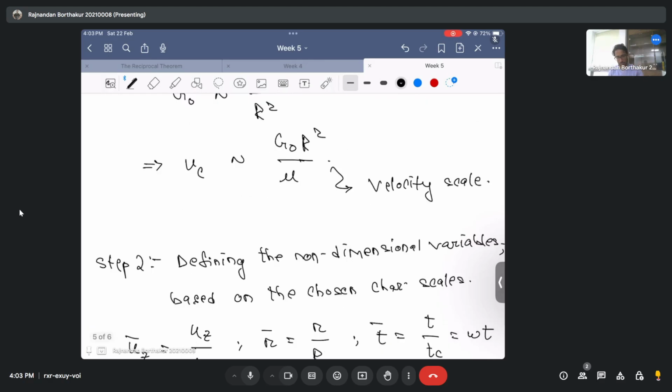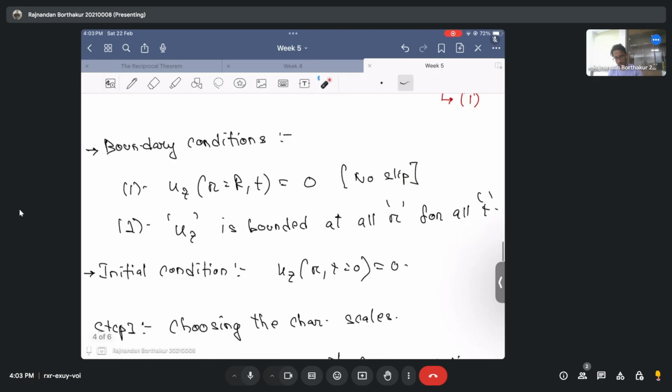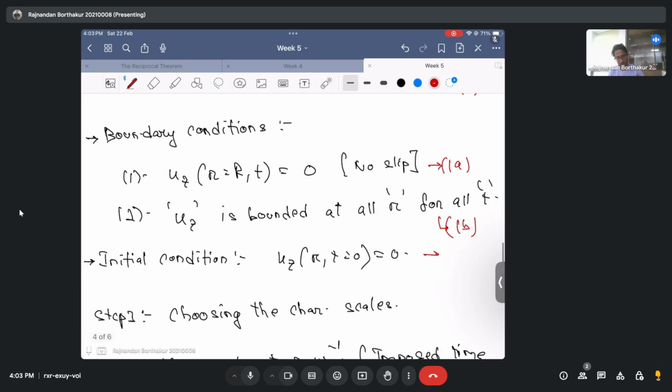Okay, so we have the governing equation here, that is equation 1, and we have these boundary conditions, which are equation, let's say 1a, and this is 1b. And let's call the initial conditions, although we don't require it, 1c.